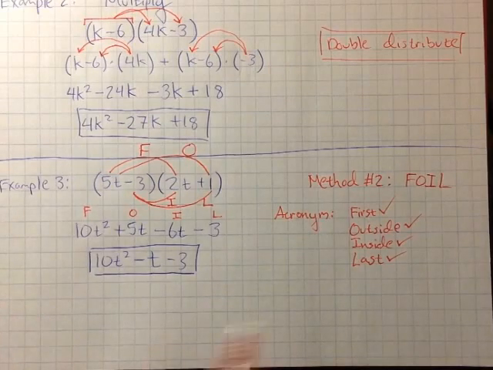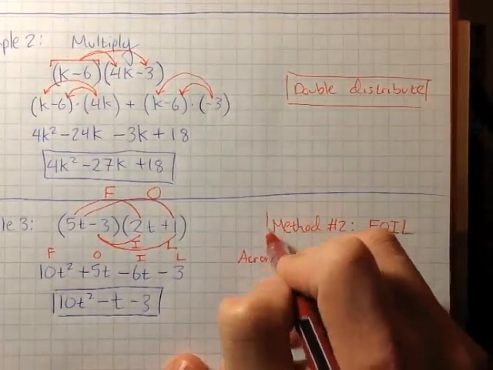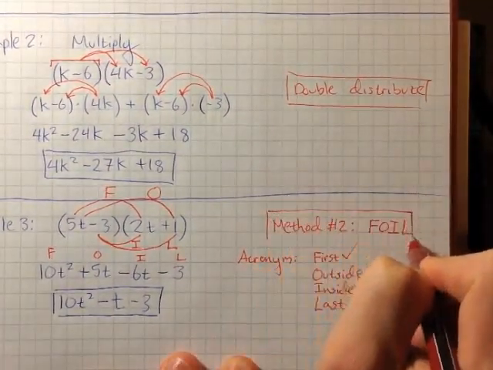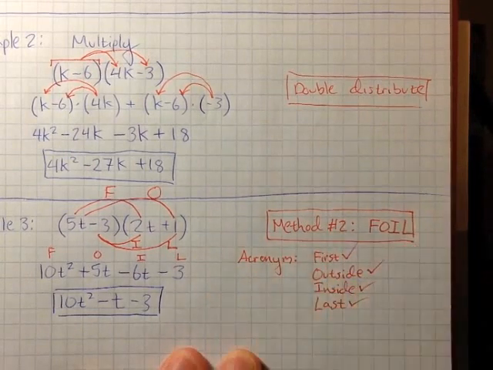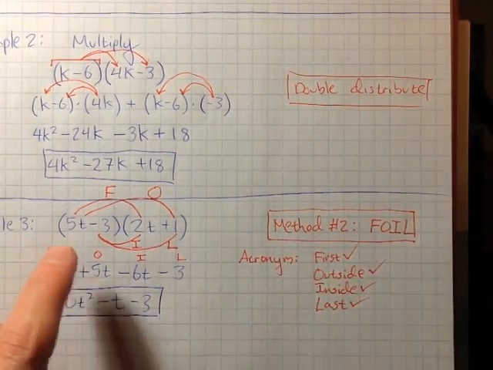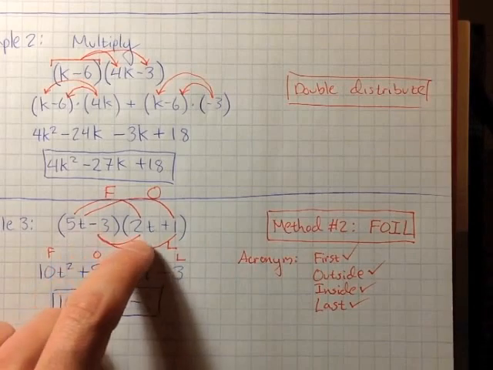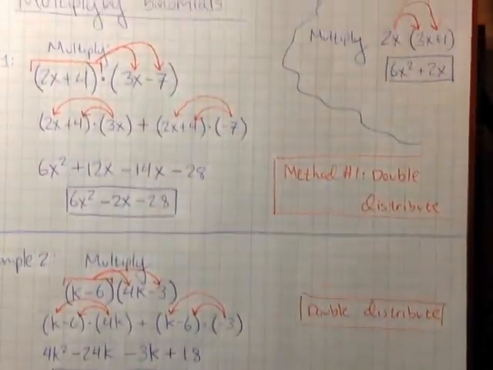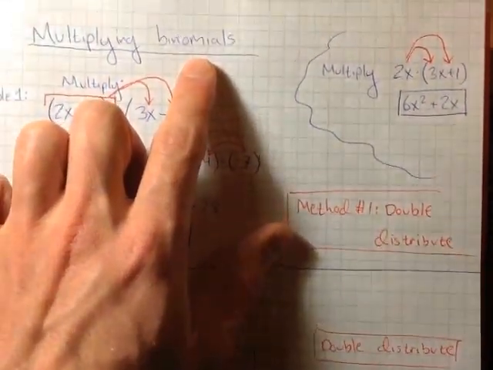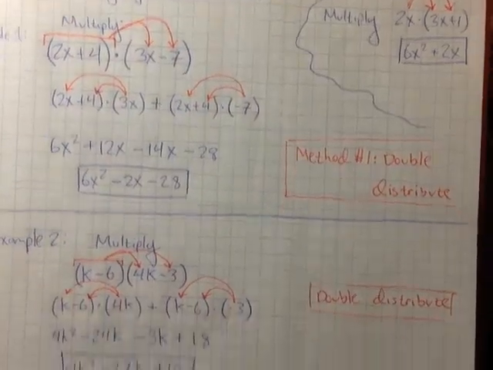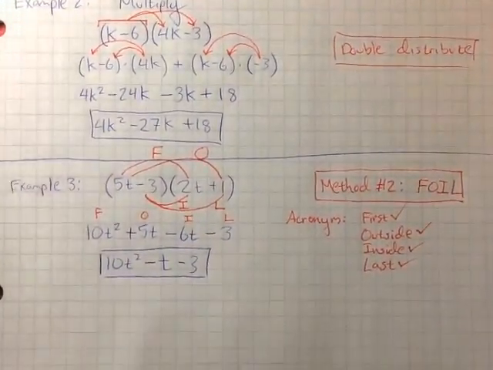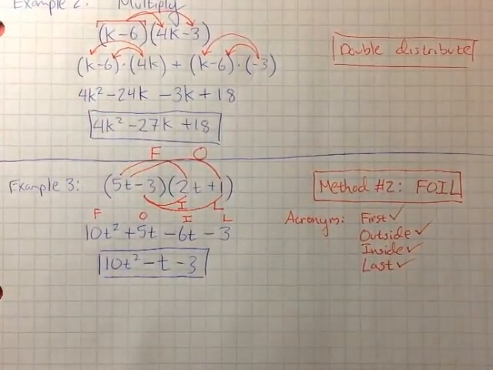Now, FOIL is something that you can do in your head, but it only works for multiplying binomials like this. If we get into more complicated things that we're trying to multiply, then we can't use FOIL. But FOIL is a quick method that you might like.